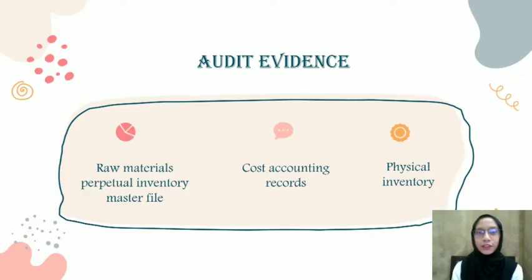And then we have three types of audit evidence for realizable value. The first one is the raw materials perpetual inventory master file. The second one is cost accounting records, which comprise master files, spreadsheets, and reports. And the last one is the physical inventory.